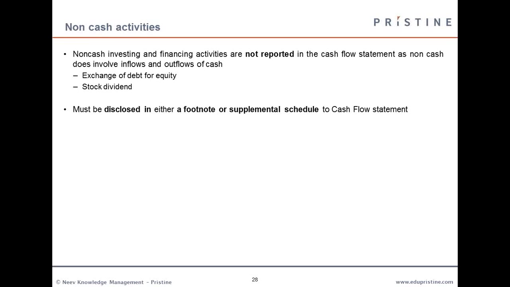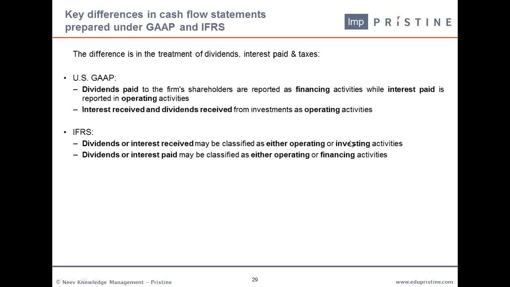So that is not represented in a cash flow statement. All these must be disclosed in either a footnote or a supplemental schedule to the cash flow statement for the analyst to analyze the statement properly and to take care of all the adjustments that we have.